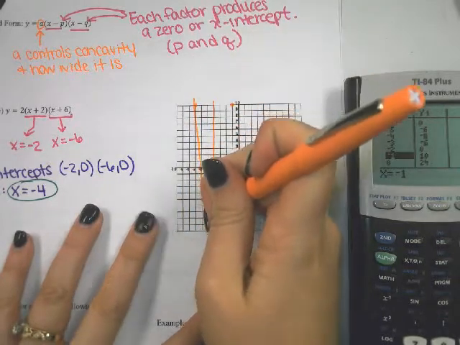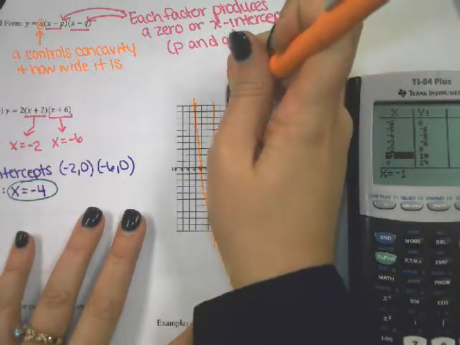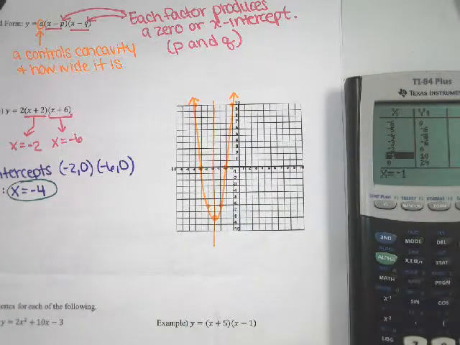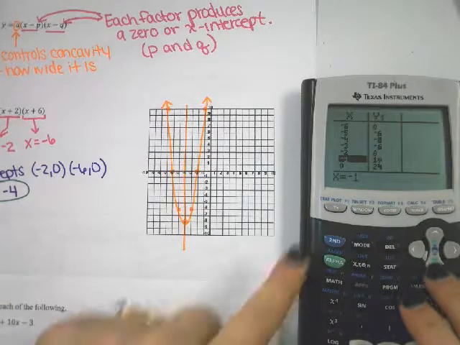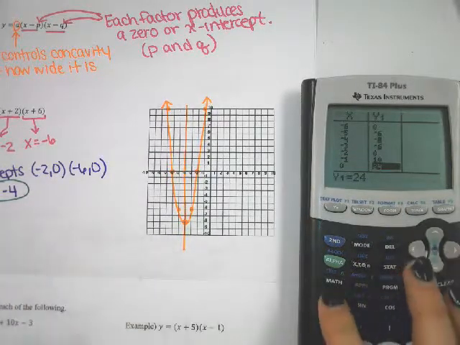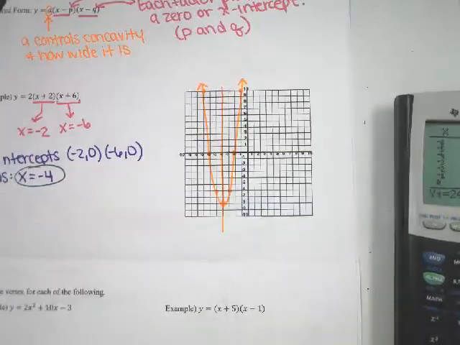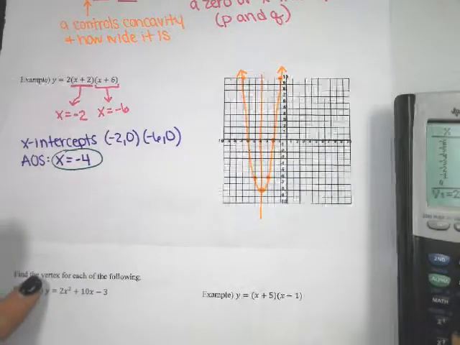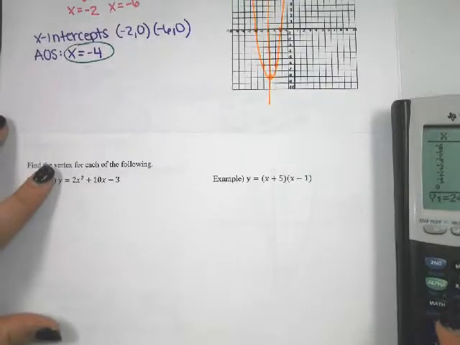So this parabola looks like that. If you want to find the y-intercept, this is off our graph, but it's right here in our table. Additionally, this is concave up, and we're going to stop there on that one.